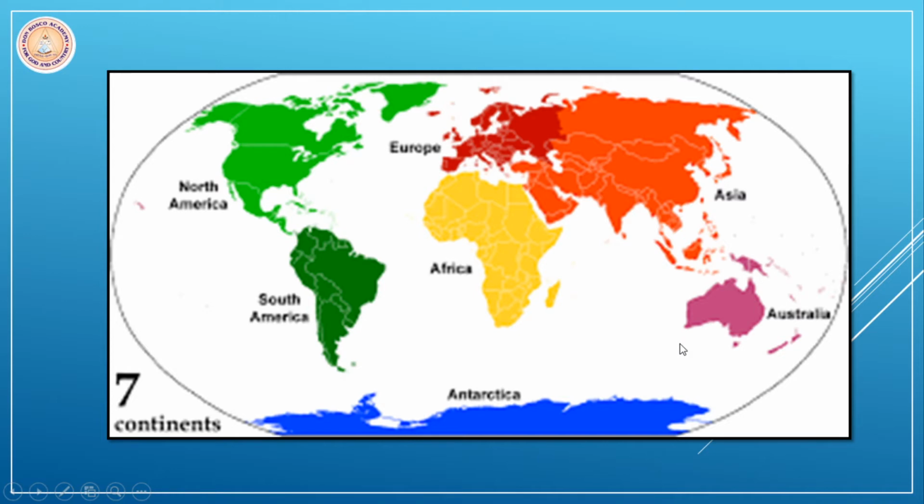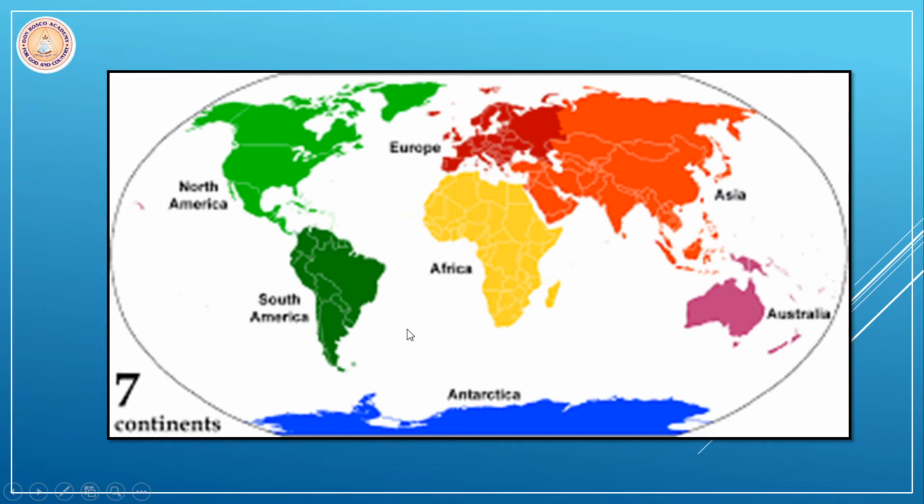On the contrary, the oceans are roughly triangular in shape, having their bases in the south and their vertex in the north. That is, they are broader in the south and pointed towards the north, just the opposite to that of the continents.